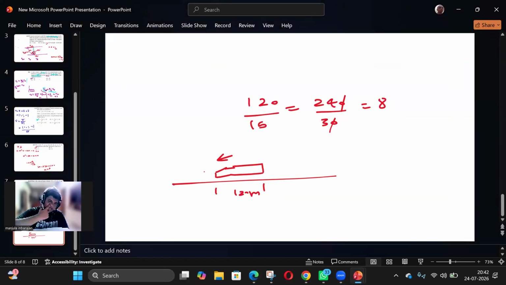The bird is going from here to here. If the bird is not moving, the time taken will be 120 by the velocity of the train. If the train is not moving, the time taken will be 120 by the velocity of the bird. Both are moving such that the bird will cross the train faster, so both velocities add up.